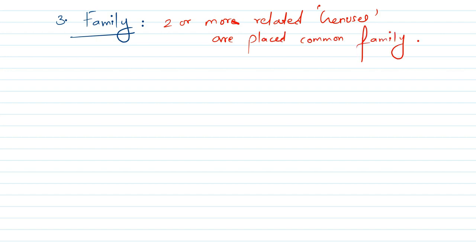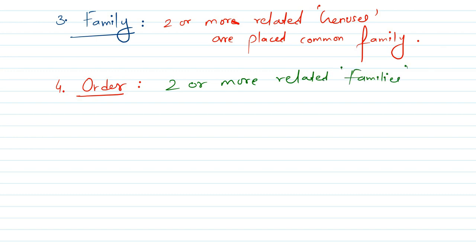Okay, now let's talk about the next category which is called as order. Now what will be order, dear students? Similarly, order is nothing but two or more related families are placed under a common order, correct?